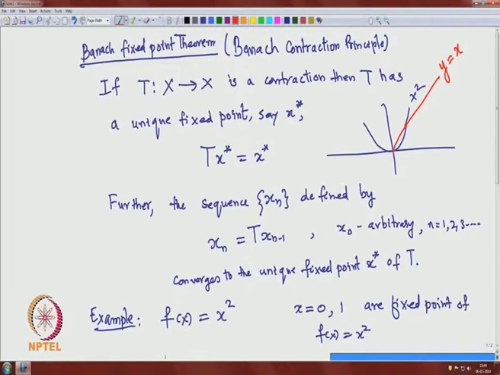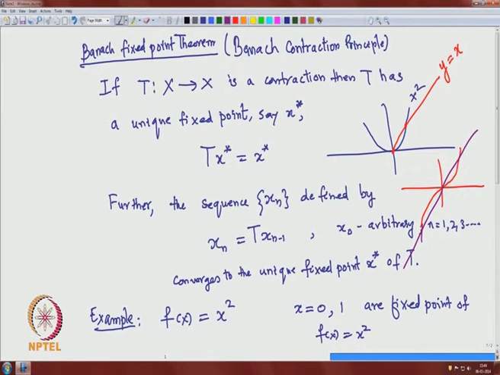So, there are two fixed points, 0 and 1. For f(x) equal to x, all points are fixed points. For f(x) equal to x cube, you can find the fixed points. They are the points of intersection of the graph of the curve with the diagonal line.